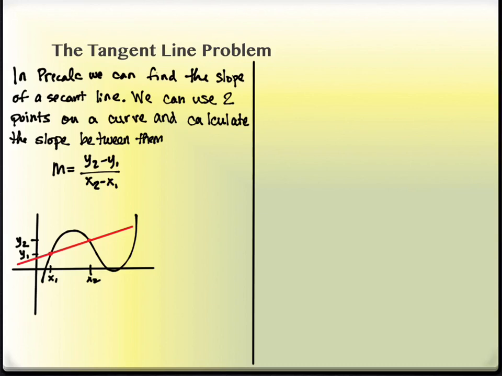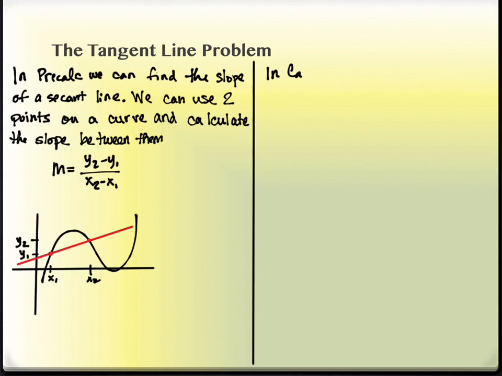So what happens though if we don't want both of these points and we only want this point over here on the left, just this one that says x1, y1? That's where we want it to be. We want it to be a tangent line there instead. That's sort of where we're headed with this, and this is the general idea.